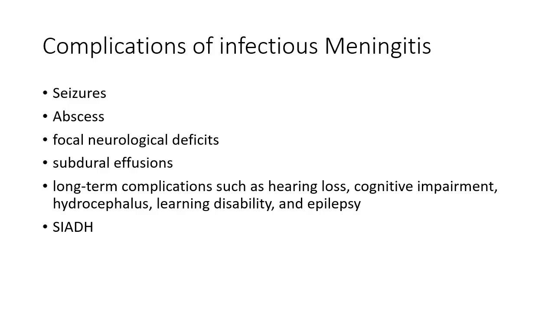Of course, you can also have development of abscess and focal neurologic deficits. You can get subdural effusions, which could be empyemas, actual bacteria-containing effusions. And then there are also other long-term complications that include hearing loss, cognitive impairment, hydrocephalus, learning disabilities, and epilepsy.